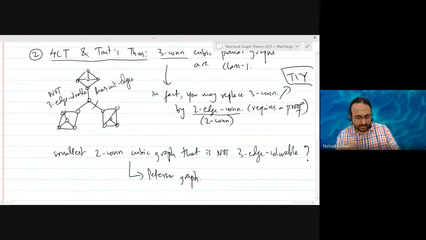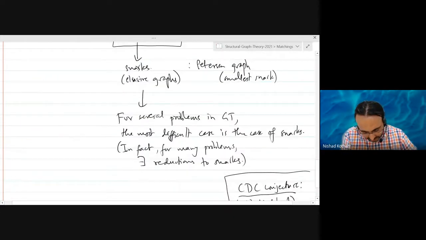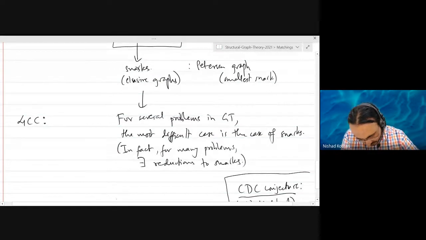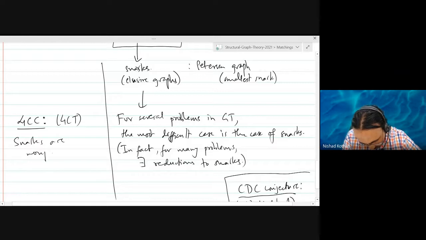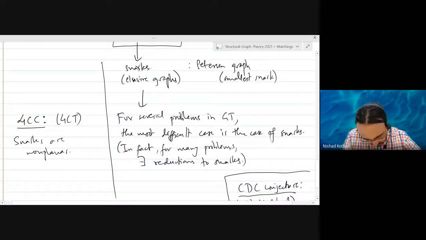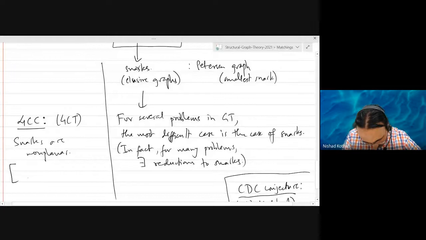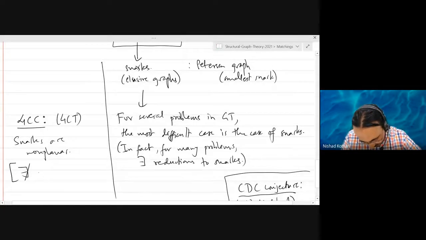The four color conjecture, which is now a theorem, is to show that snarks are non-planar. In other words, there does not exist any planar snark.